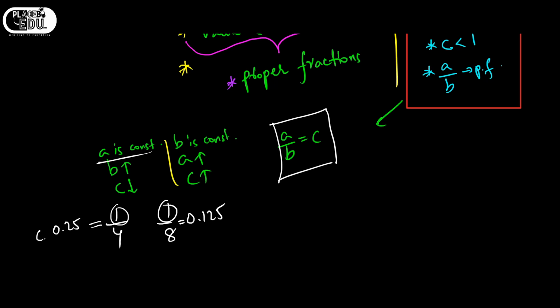This is c and this is c. b increases. This is b1, this is b2. b2 increases and the c will be decreasing. That's what I told you. Understood? I think you understood it, right?